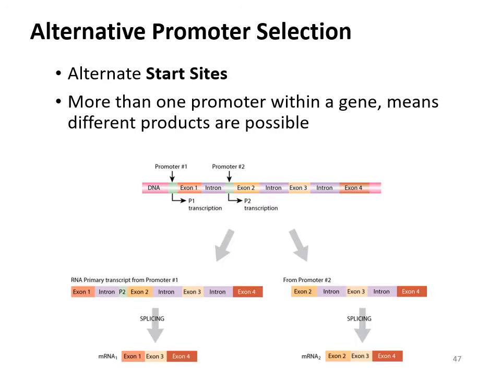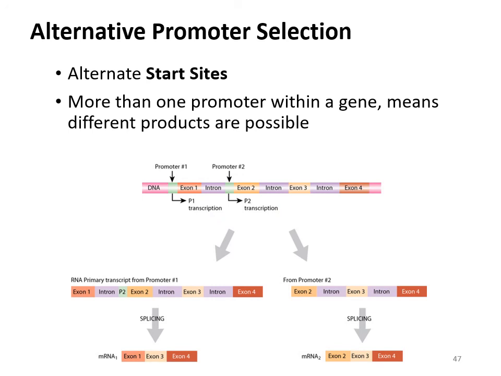So the first one we have here is alternative promoter selection. Like I said, we're not going to go into the details of exactly what's getting cut, what's not. I just want you to know that in eukaryotes, sometimes there are alternate start sites, meaning more than one promoter within a gene, and depending on how the spliceosome cuts things out, will determine which exons you end up with in your final product.